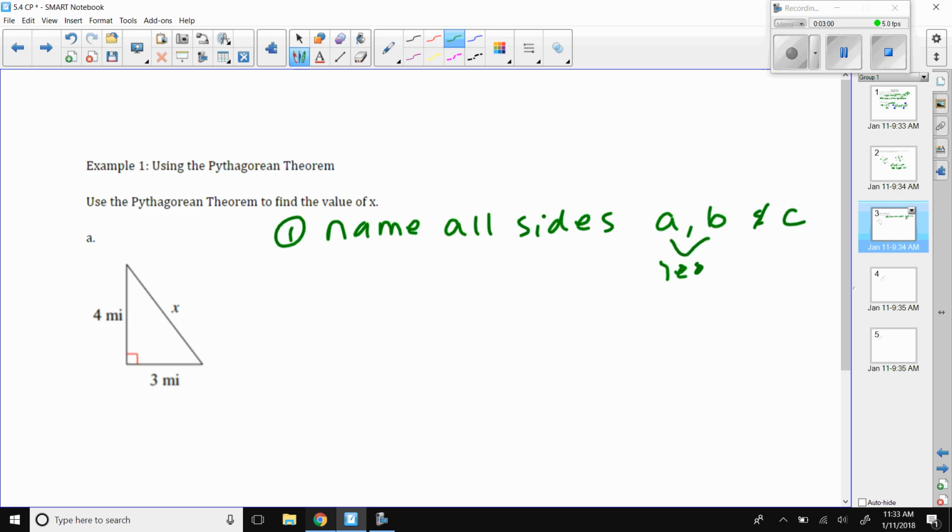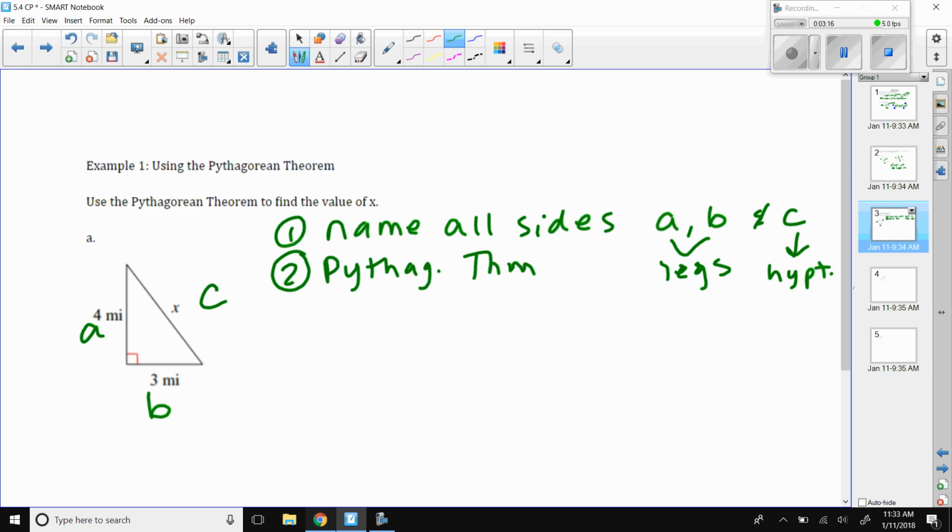These two should always be the legs, and this one should always be that hypotenuse. So I have A, B, and C, and I want to use the Pythagorean theorem, which is going to be A squared plus B squared equal to C squared. And then I want to plug them in.